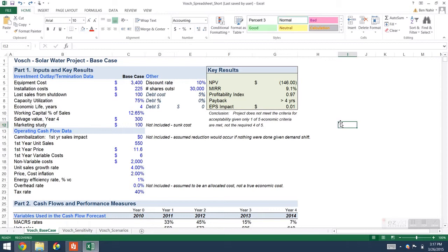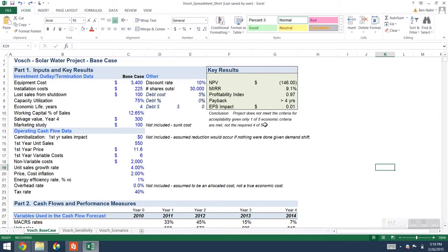Now, I've put the key results front and center so that if for nothing else, our reader sees these results and understands what the ultimate conclusion of this analysis is. And you'll notice I've highlighted the key results in a different color than the rest of the workbook to make them pop and stand out even more, and that should draw your eye to those results first.